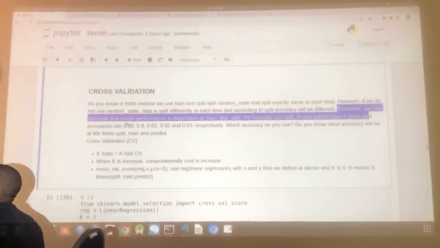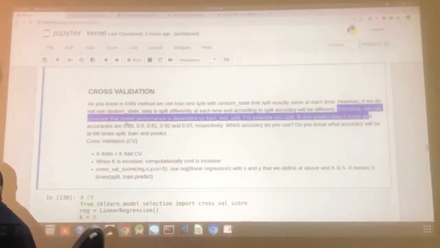And he's somehow right, because one group might say, why are you choosing 30%? Another group is like, why are you choosing 20? And now it becomes a challenge to say what test size is suitable for my data. Who knows what test size is suitable for which data? That's a question.